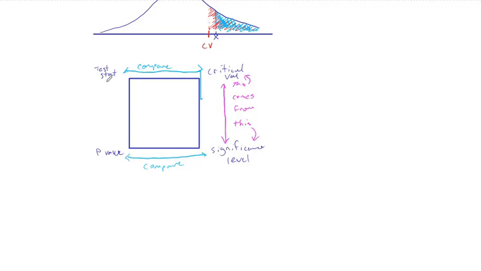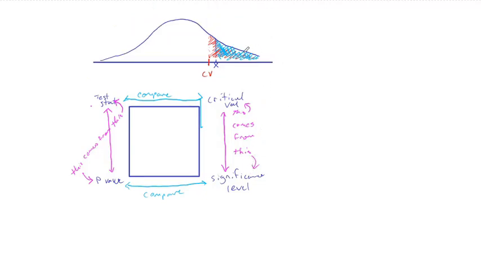And then we have the same relationship over here with the test statistic and the p-value. The p-value comes from the test statistic, and the critical value comes from the significance level.